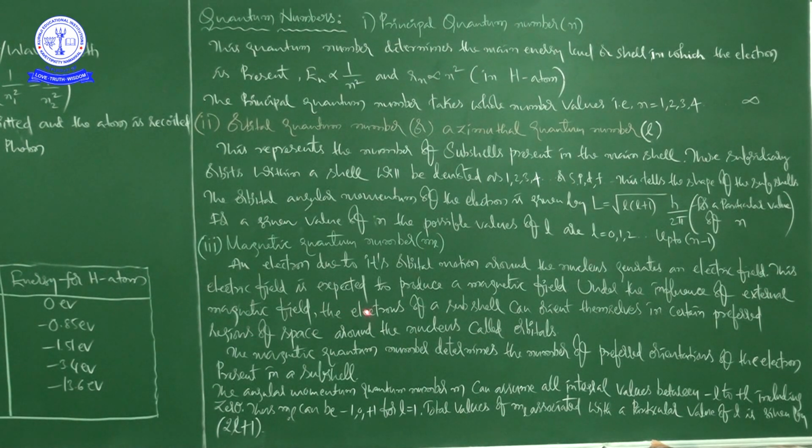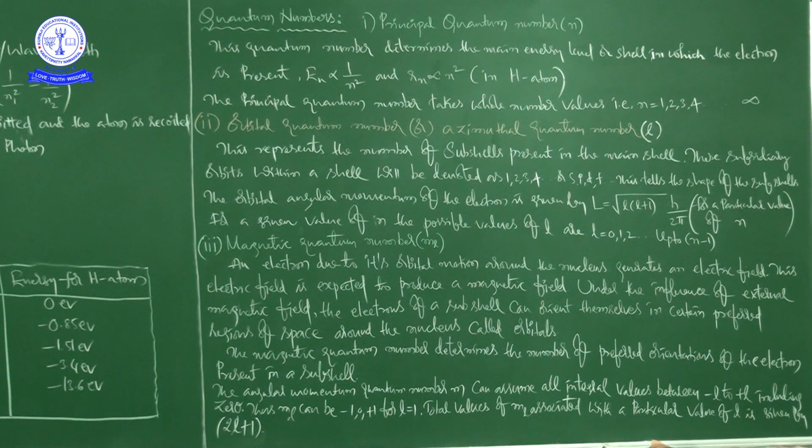This electric field is expected to produce a magnetic field. Under the influence of an external magnetic field, the electrons of a subshell can orient themselves in certain preferred regions of space around the nucleus called orbitals.